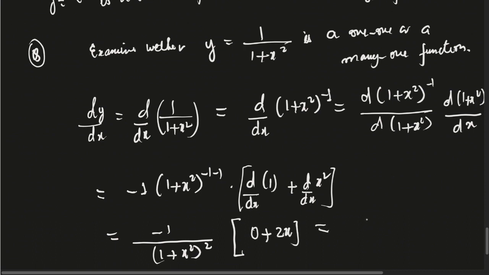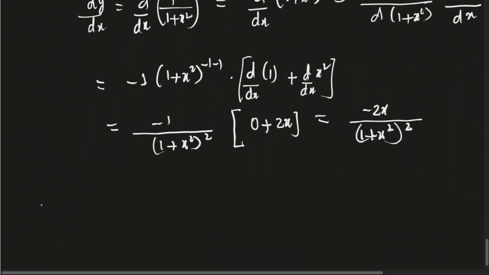This gives us negative 2x divided by 1 plus x square to the power 2. So we have our f dash x equals negative 2x upon 1 plus x square to the power 2.